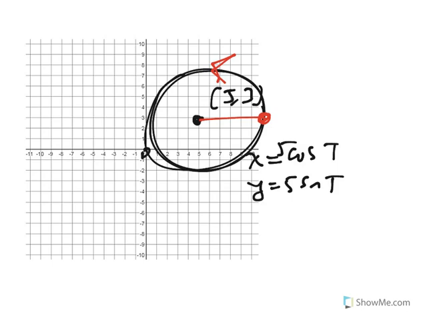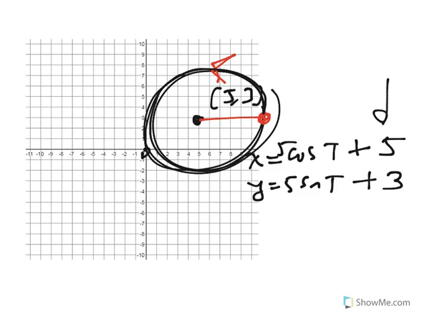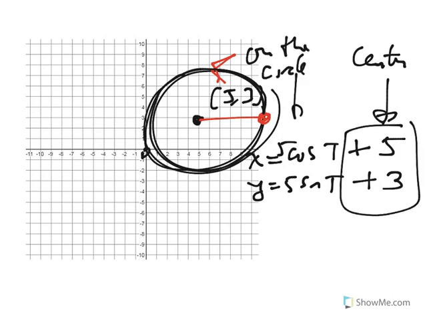By putting a plus 5 here and a plus 3 here, the points all end up around this circle instead of around the circle centered at 0, 0. So we see this a lot with these two parts. This is sort of the center itself, and this is on the circle. And if the circle's not at 0, 0, this happens.